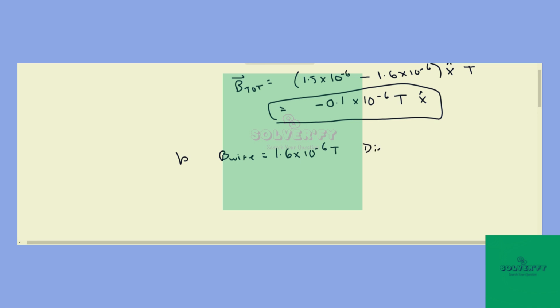But the direction now is positive z. And so our total magnetic field now will have two components, one in the positive x and one in the positive z.